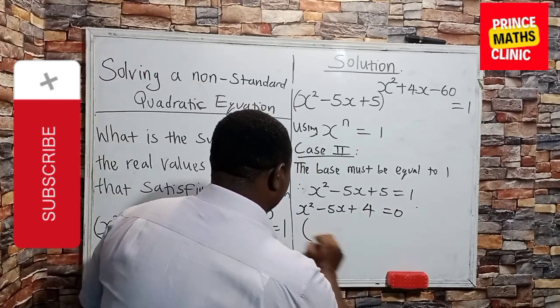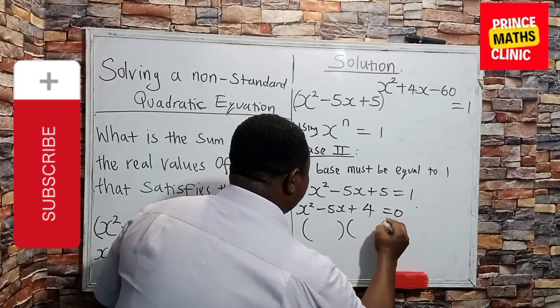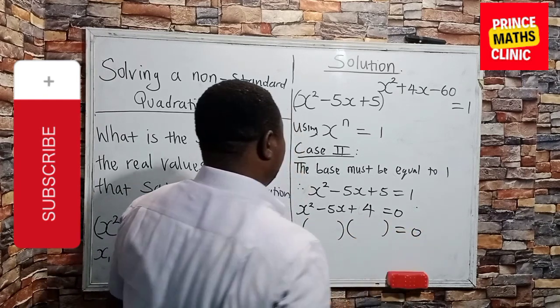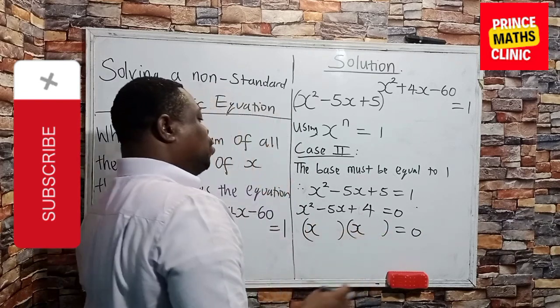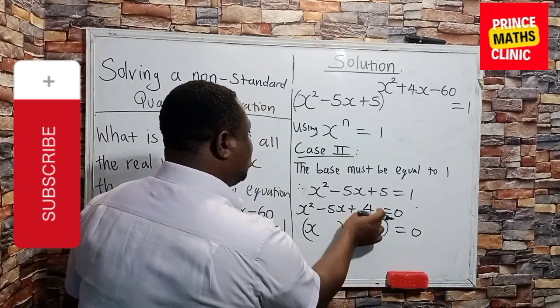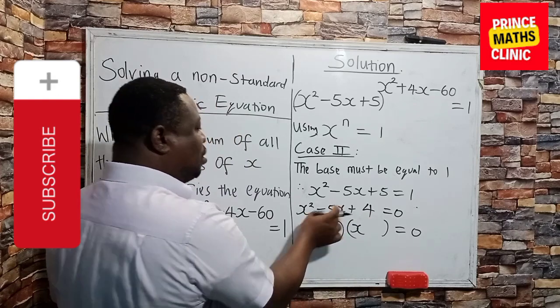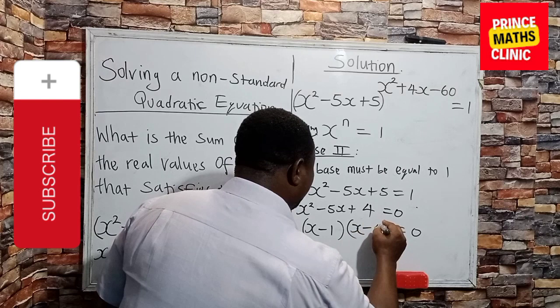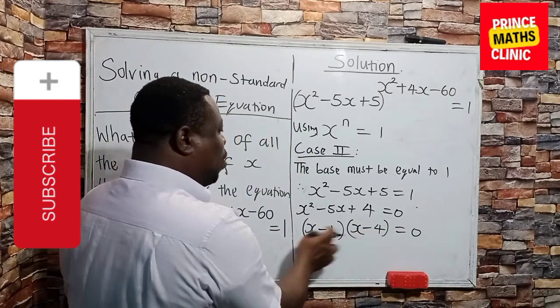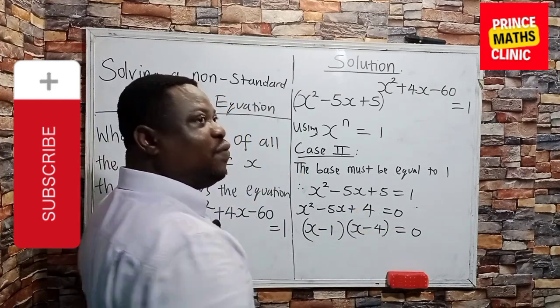Then we can open two brackets again and put the unknown here, x. Two numbers that if we multiply, we'll get positive 4, and when we add, we'll get minus 5, are simply minus 1 and minus 4. Because if you say minus 1 times minus 4, you get positive 4.